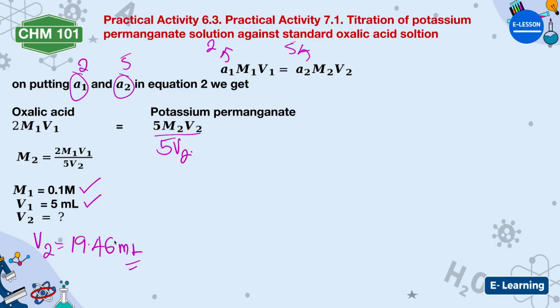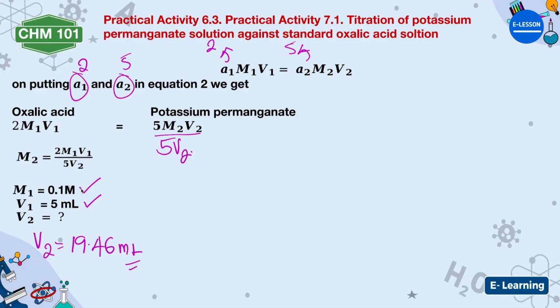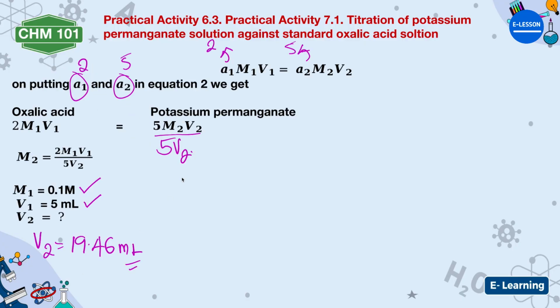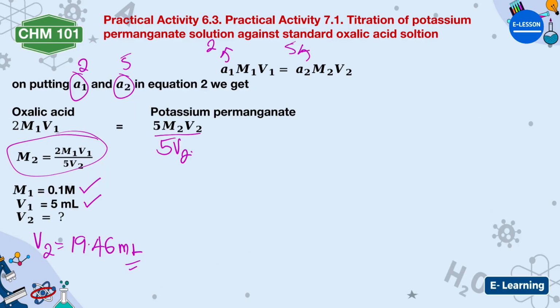The formula says M2 is equal to 2 M1 V1 all over 5 V2. Is that okay? M2 is the molarity of KMnO4. Look at it. M1 and M2 are the molarity of oxalic acid and potassium permanganate. Potassium permanganate is KMnO4. Is that okay?